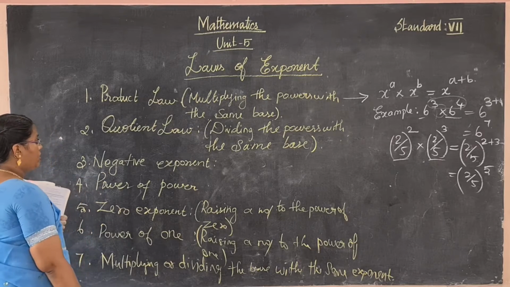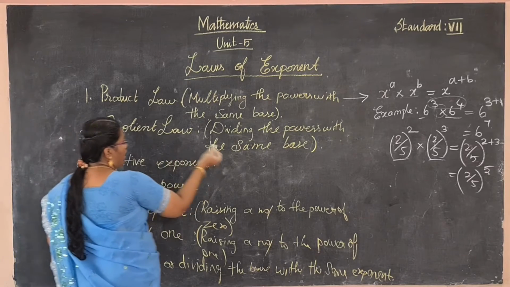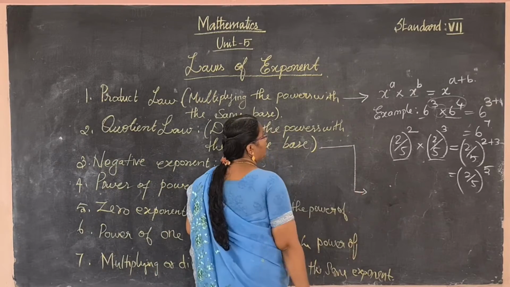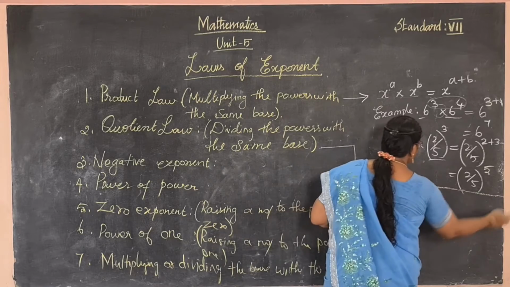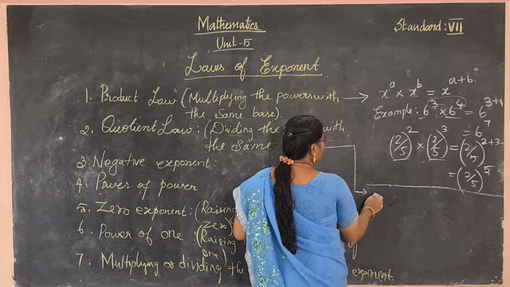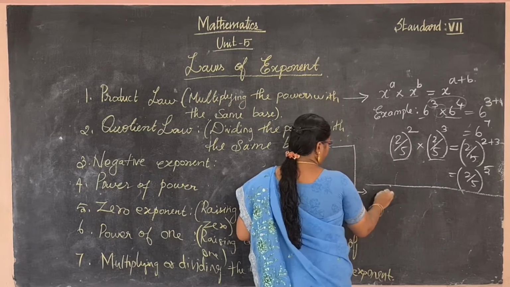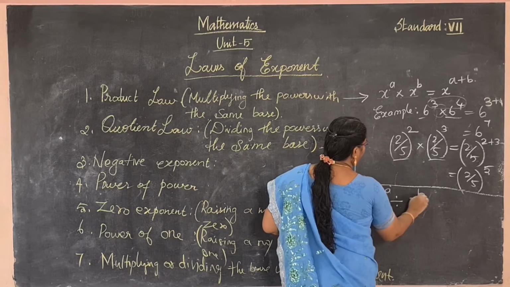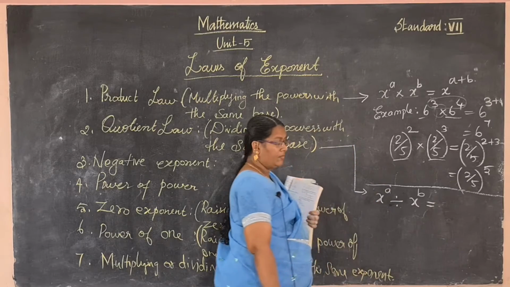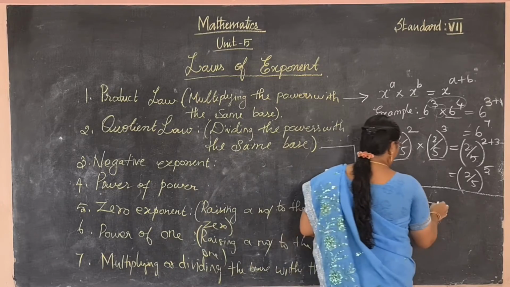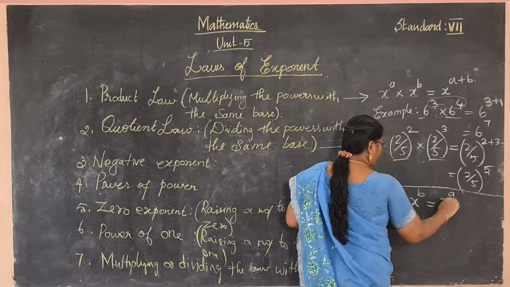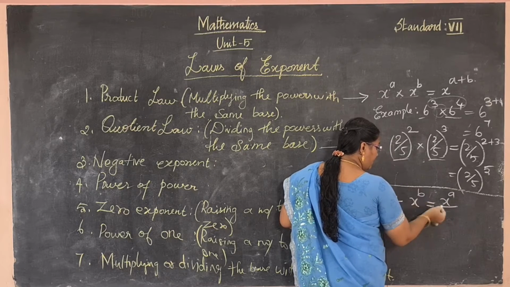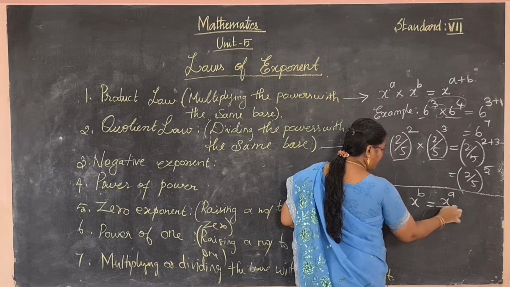Next one, quotient law. Quotient law means division, is it? Division can be written as x power a divided by x power b.